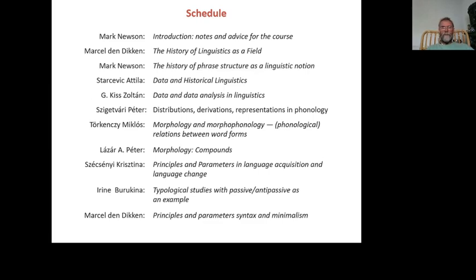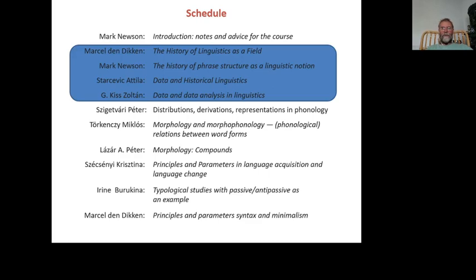Now, the course then is organised in a logical order, and we advise you to take the course in the order given on the schedule. And it's organised into 3 sections.